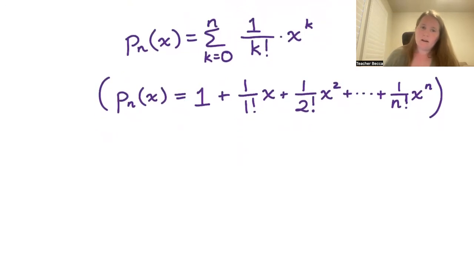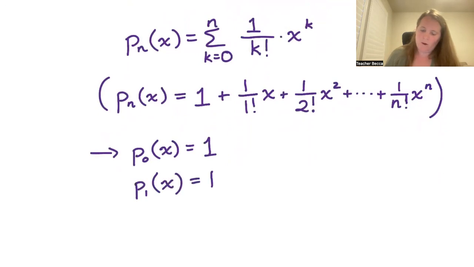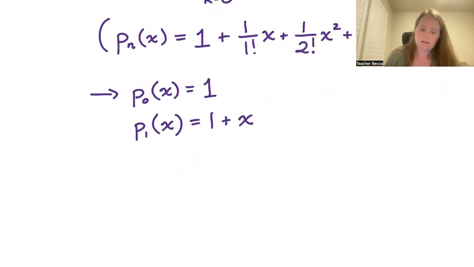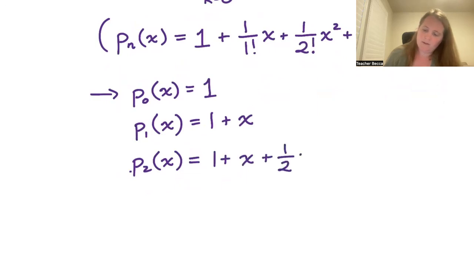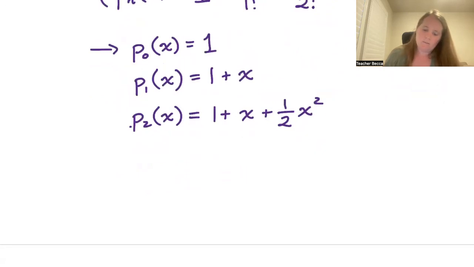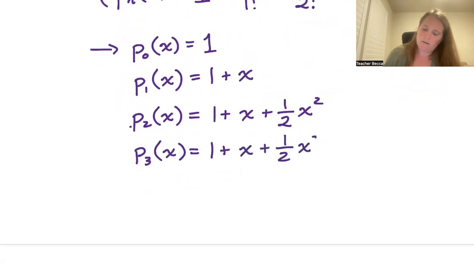So if we have p0, it is just 1. p1 would be 1 plus x. p2 would be 1 plus x plus 1/2 x squared. p3, we would have 1 plus x plus 1/2 x squared plus 1/6 x cubed, etc. Right?